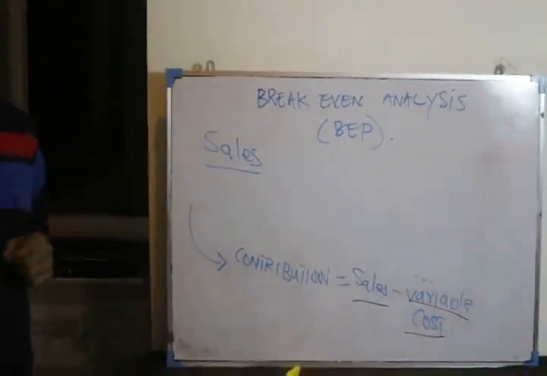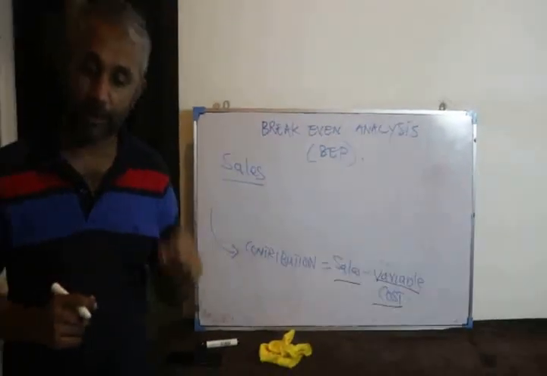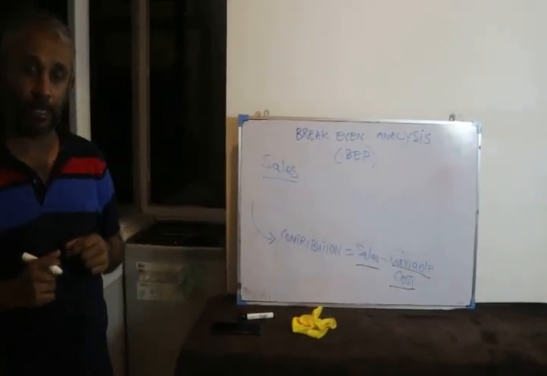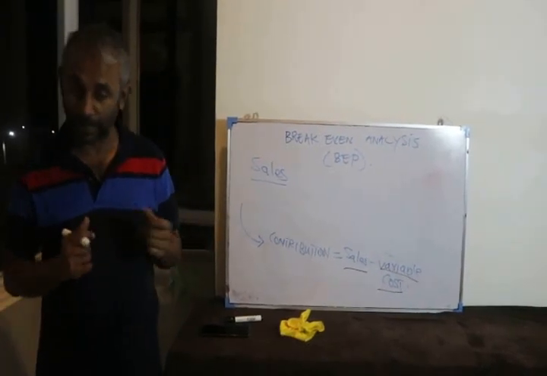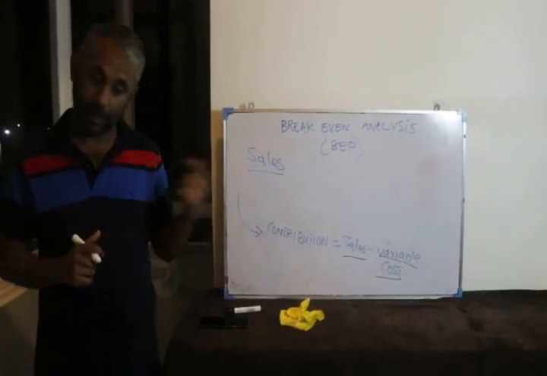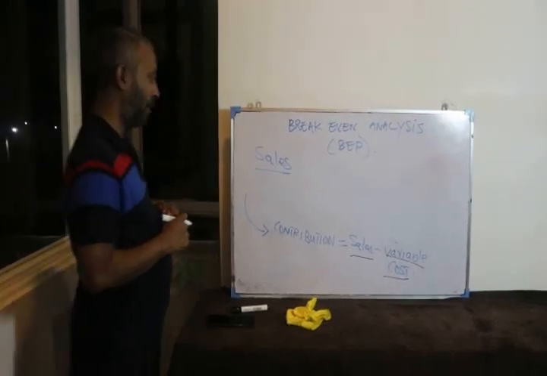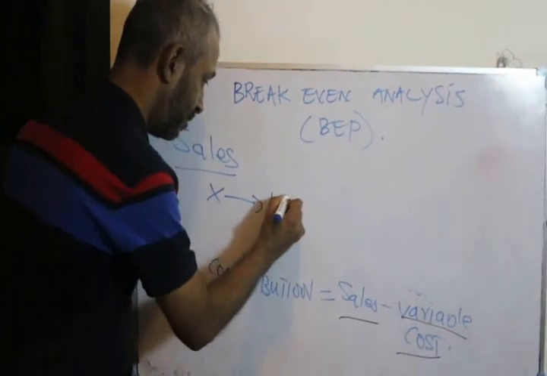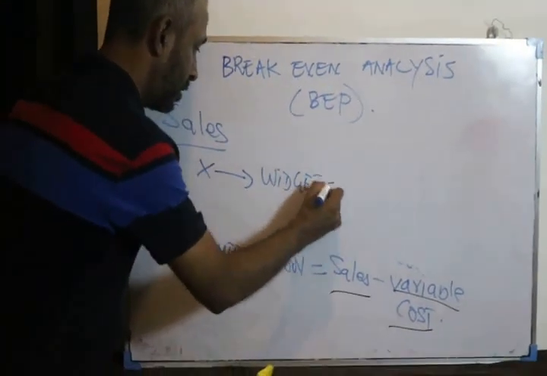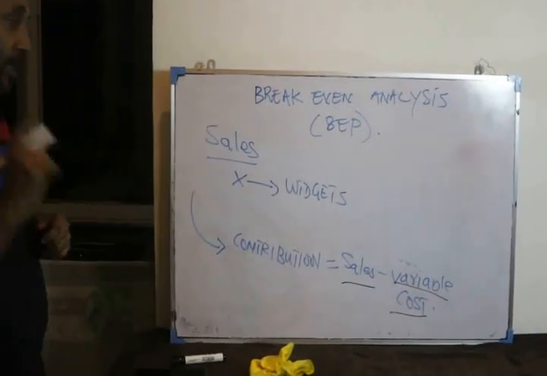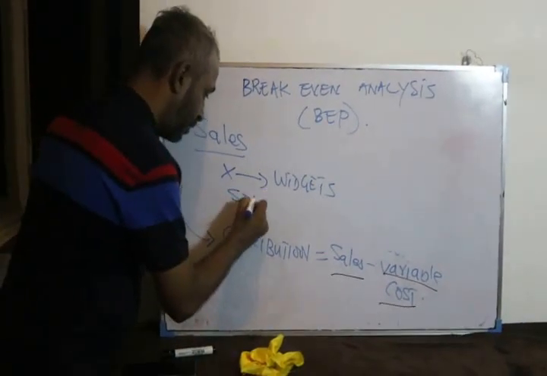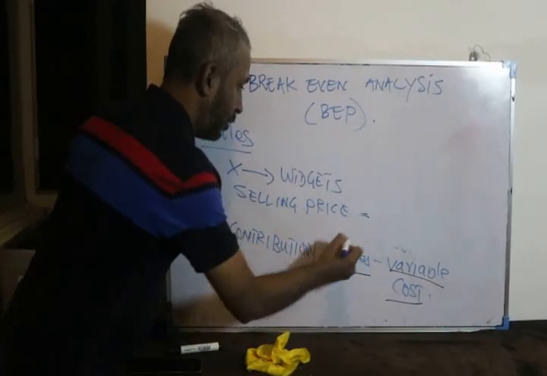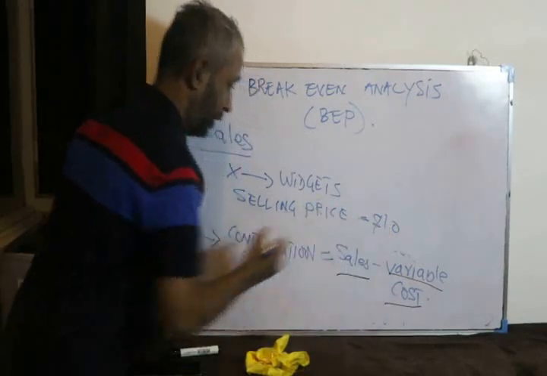This is a golden term for every business. For every business's survival, sales are very important. In other words, sales means the revenue that we generate or the income that we make. For example, suppose company X sells widgets, and the selling price of one unit is $10.